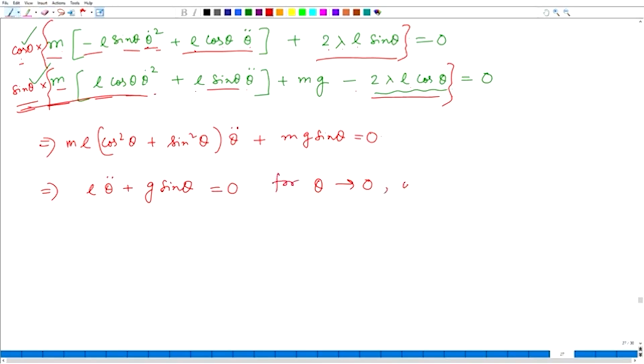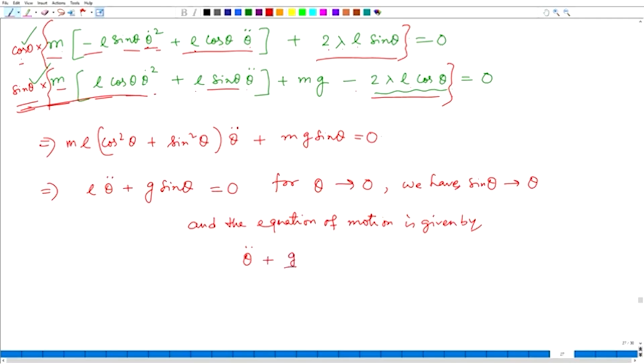we have sin theta is theta, okay, and the equation of motion is given by theta double dot plus g by L theta is equal to 0.